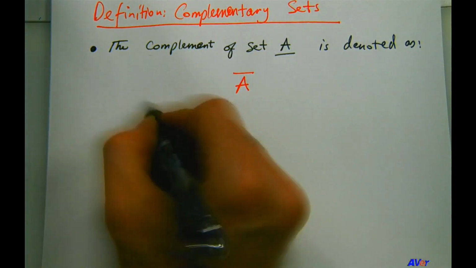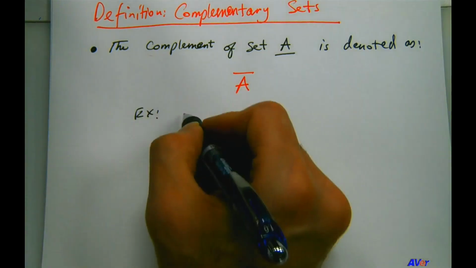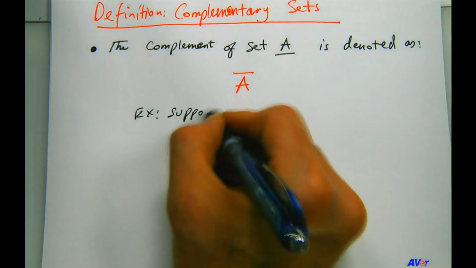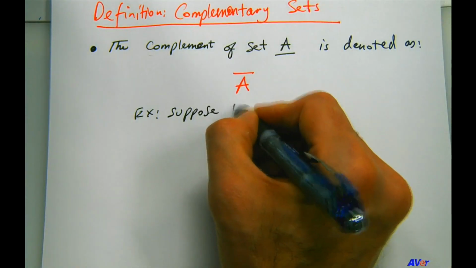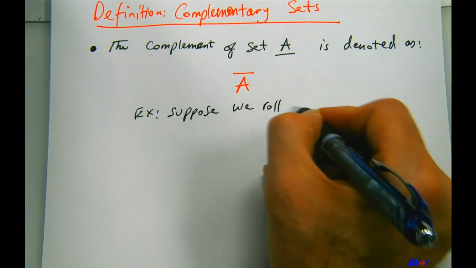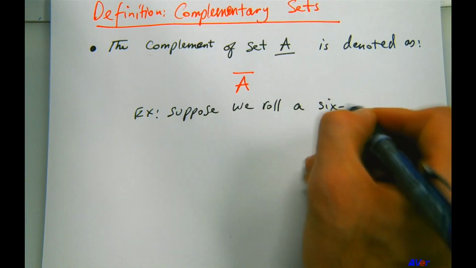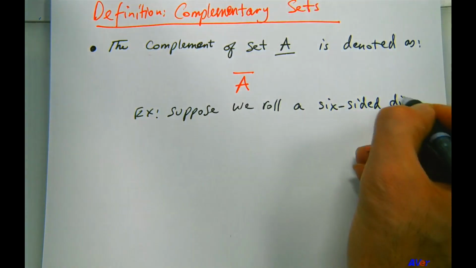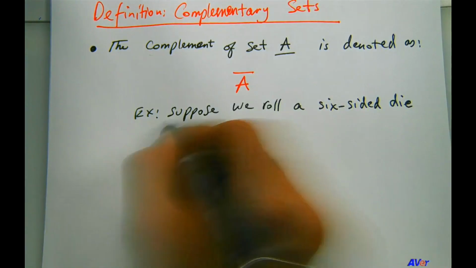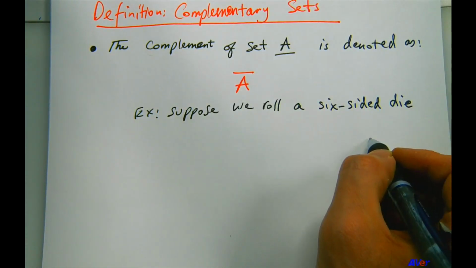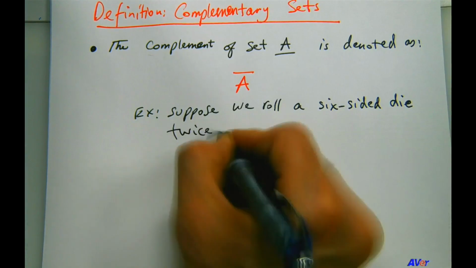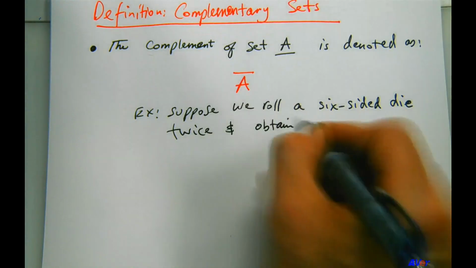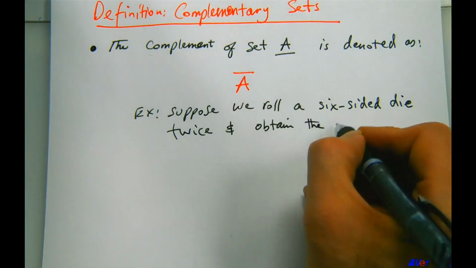So let's do an example. Suppose we roll a 6-sided die twice and obtain the following outcomes.